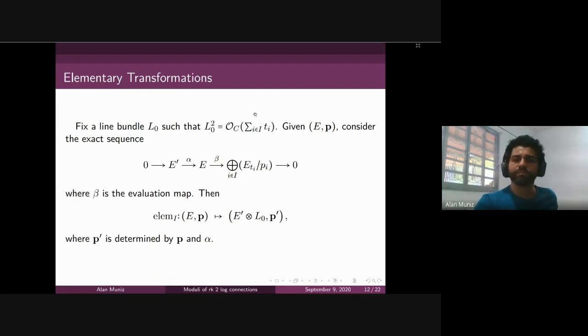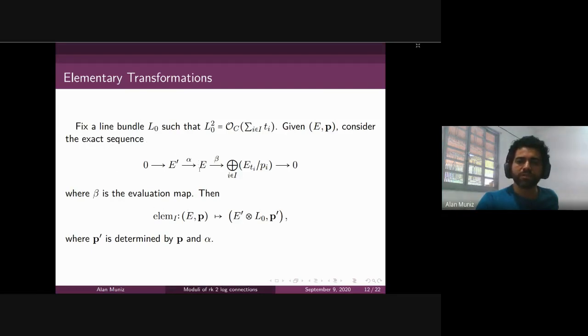In the case where I has even cardinality, we can take the subdivisor of D, where the sum of Ti, with i in the set I, and since this number is even, we can take the square root of this line bundle, and for this fixed square root, we can define a map.